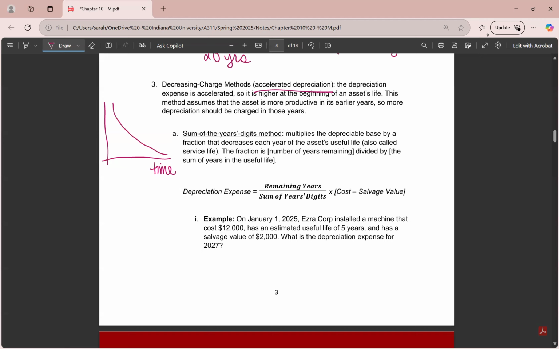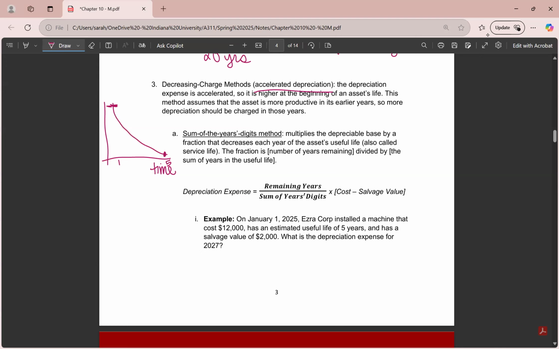Where depreciation is really high in the early years, in year one, but then by the time you get to year five, depreciation is much lower. And you're making an assumption here: that you are going to use the asset much more early on in year one, two, than you are later on in year five, six. And because you're using it more, you want to match your use and your revenues and your expenses. So you're going to use it more, you're going to depreciate it more early on.